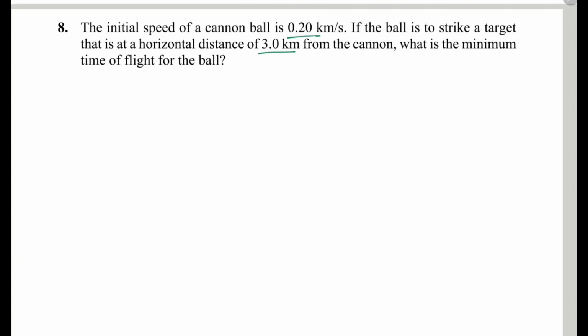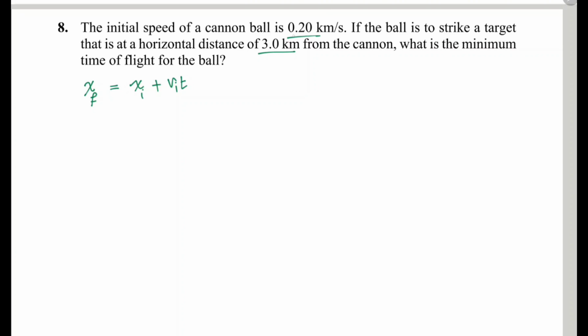Now, to solve this, the horizontal distance x final equals x initial plus the initial velocity times t, and remember in projectile motion there is no acceleration on x, so a_x equals 0.